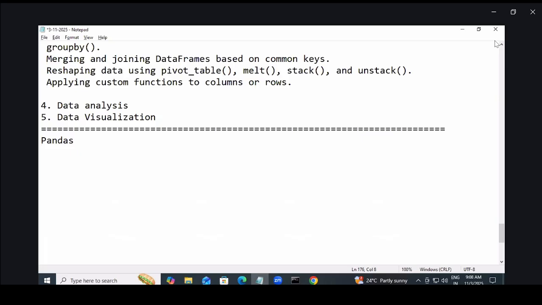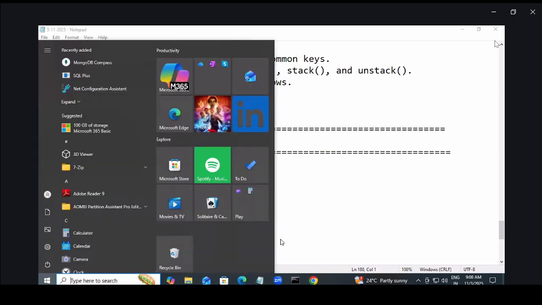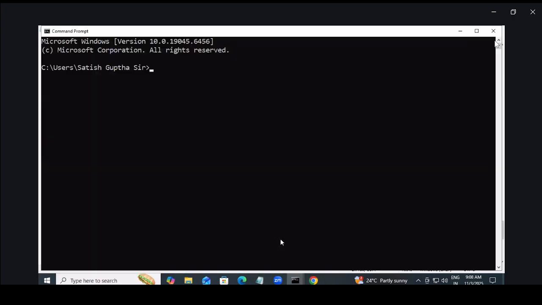Now if you see this, Pandas setup means how to install. If you want to work with Pandas, you first have to install the Pandas library. How do you install it? pip install pandas. Just go to the command prompt and write pip install pandas.